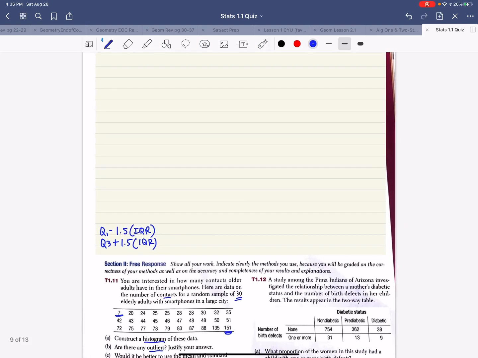So our numbers range from 7 to 151. Okay, so 7. 30, 40, 50, 60, 70, 80, 90, 100, 110, 120, 130, 140, 150.